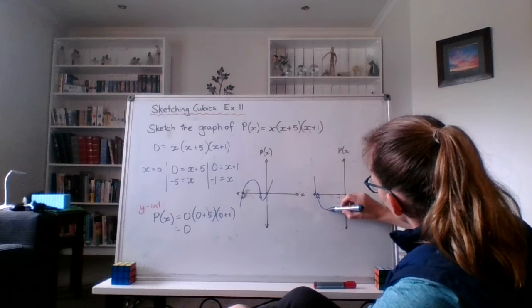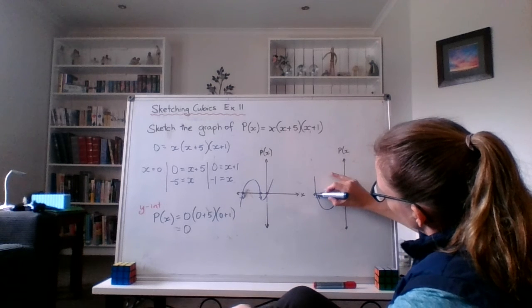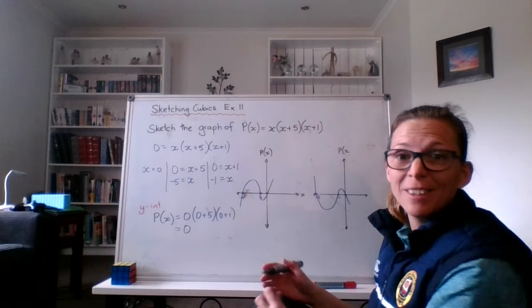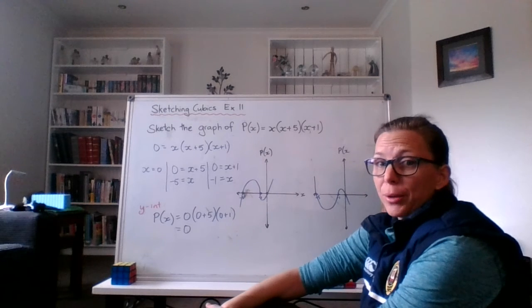So it goes something like this. Sorry, that didn't quite go through. I'll do a little cheat. So it goes this way. Now I have to decide which way it goes.